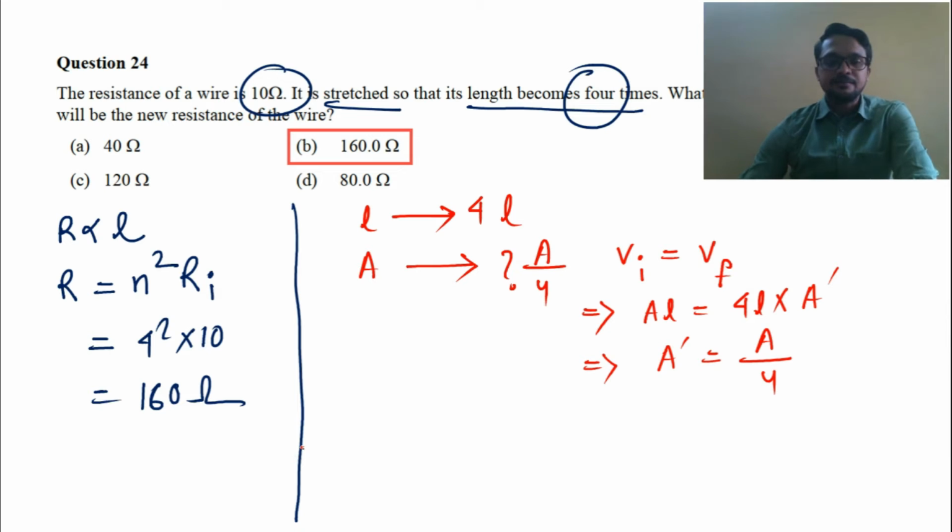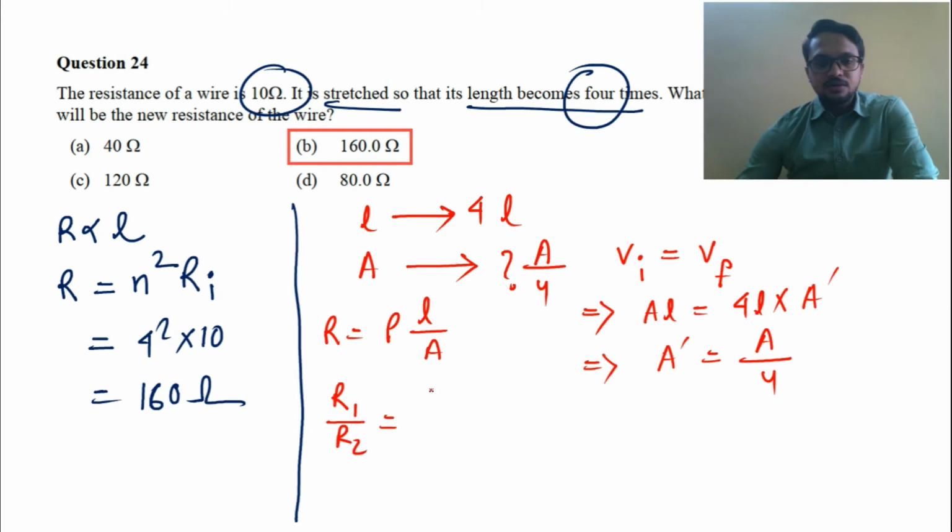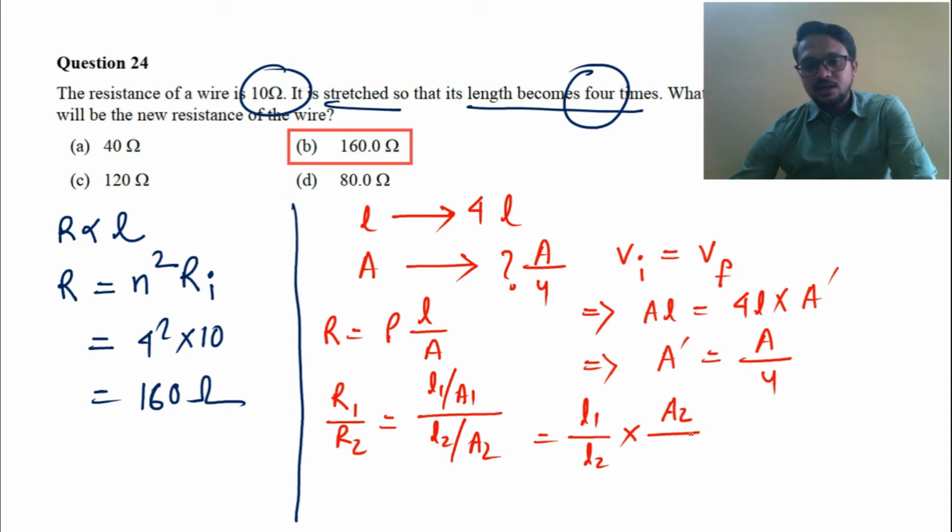Now the resistance formula, R equal to rho into L by A. Rho is constant, so don't write rho. So R is directly proportional to L by A. So R1 by R2 equal to L1 by A1 over L2 by A2. We will get L1 by L2, and area is inversely related, so A2 by A1.